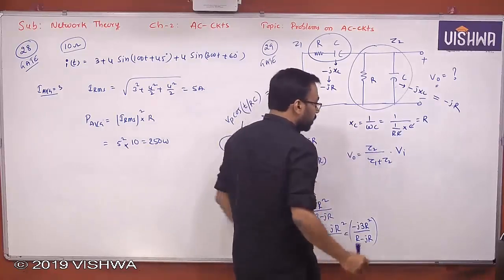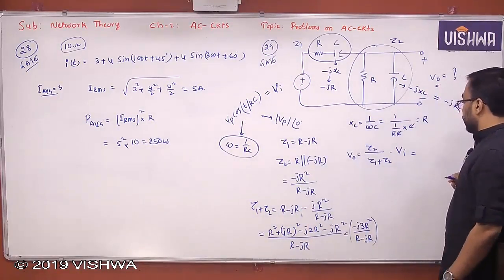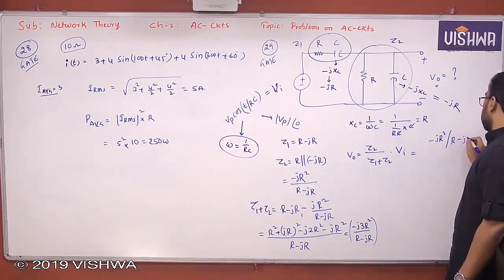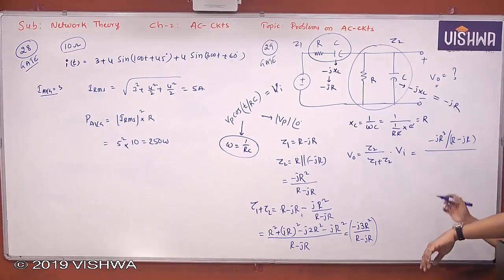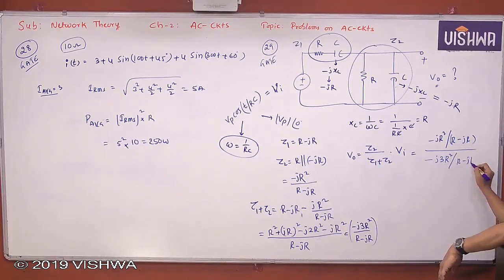Once you substitute here, Z2 is minus jR square by R minus jR, divided by Z1 plus Z2, minus j 3R square by R minus jR, into Vi.